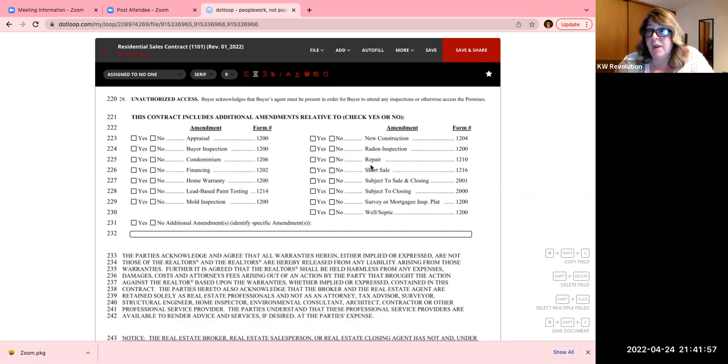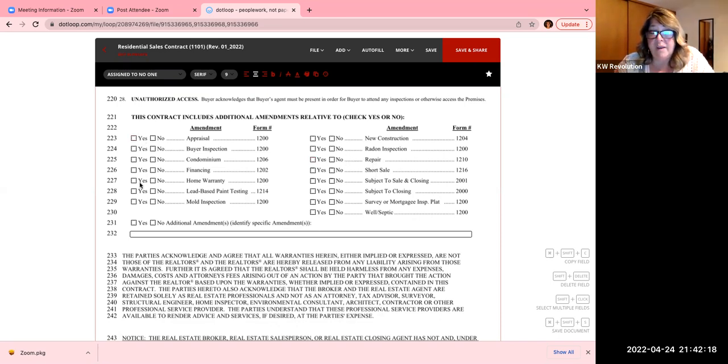Then I would say, let's write it up now. Let's not wait for a home inspector to say, hey, did you notice this broken glass? Because those are items you should have noticed when you walked through the home. So it's basically, I would pay $200,000 for this house if you repair that front window that has a big crack in it. And there is an amendment that you would fill out.